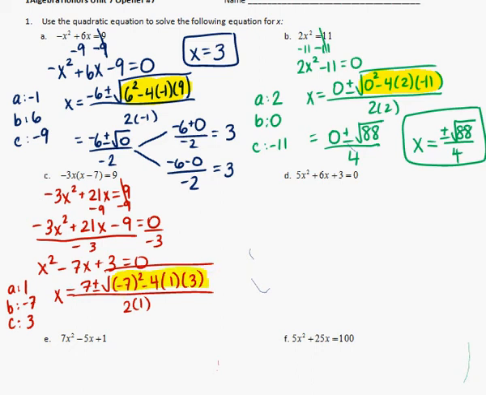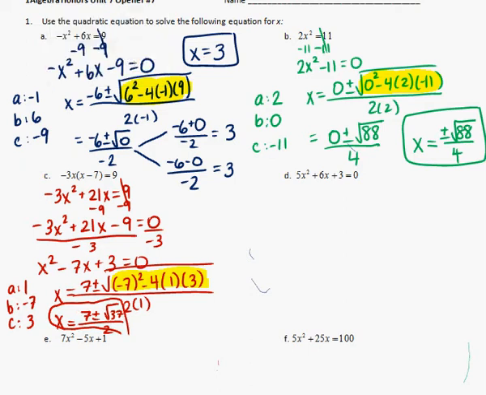I have 49 minus 12, which is 37. So x equals 7 plus or minus the square root of 37 over 2. The square root of 37 is definitely not a perfect square, and it can't be simplified. So I'm just going to leave that as my final answer. X equals 7 plus or minus the square root of 37 over 2.